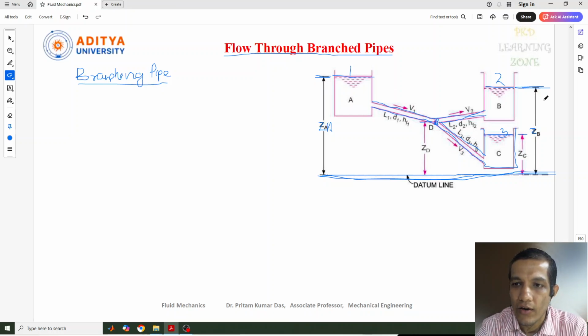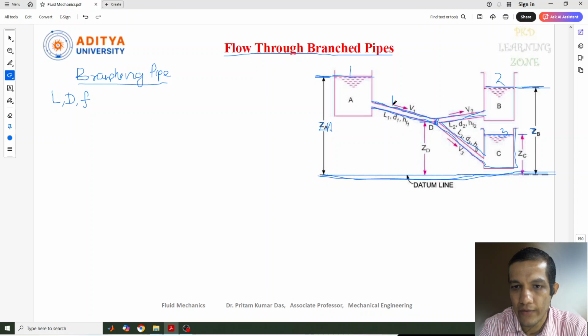Now in this, all these reservoirs and pipes, everything should be given. Suppose this is the reservoir, its height, the level of this reservoir, is given. From this reservoir, the fluid flows through the pipe, so the length of the pipe should be given, the diameter of the pipe should be given, and the friction factor of each pipe, not only the first one.